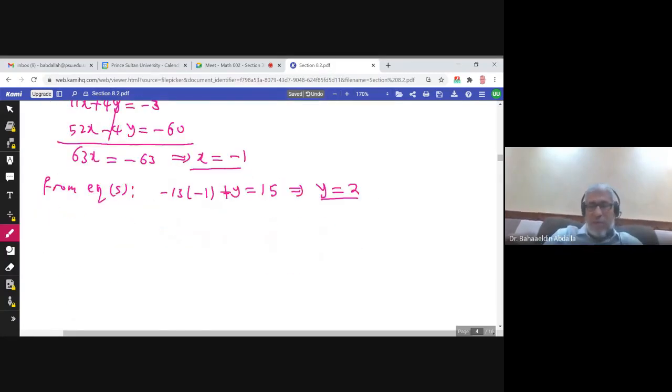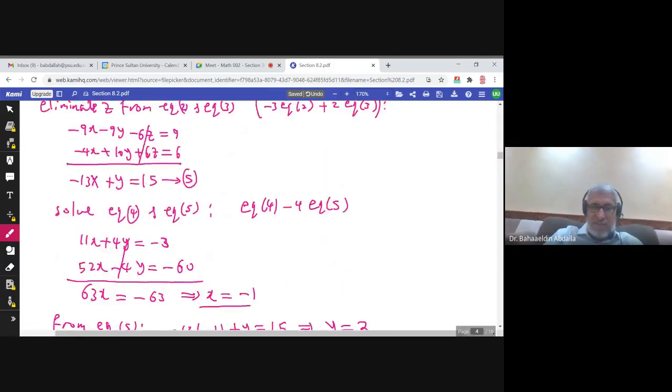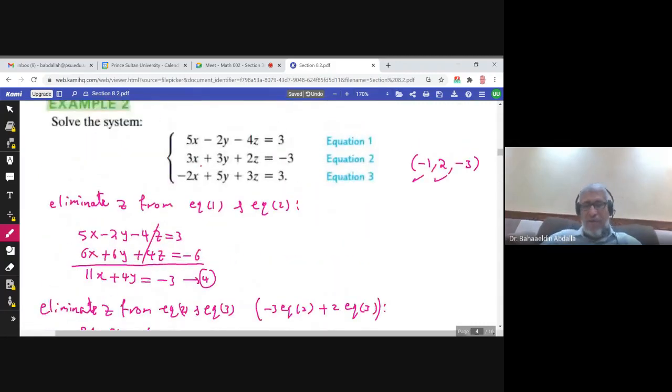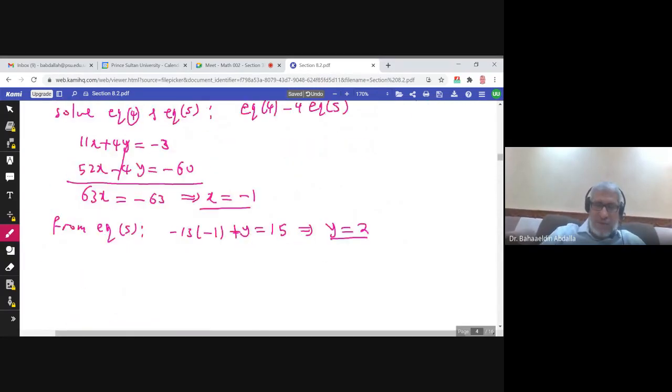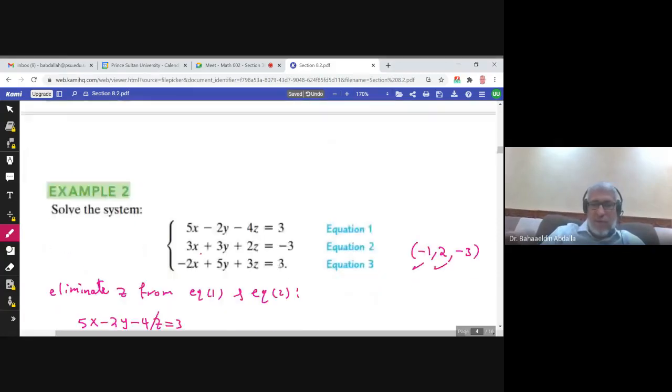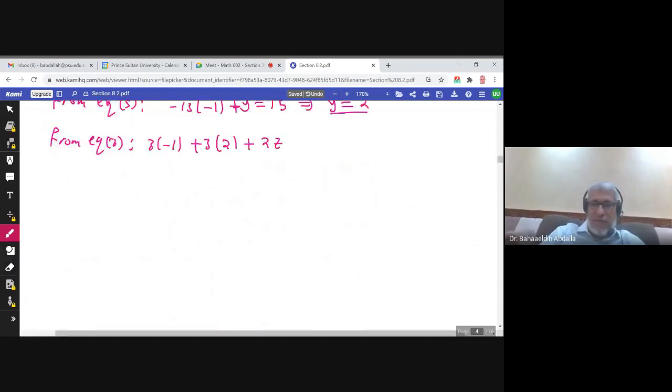Now, what about the last one? How to find z? Okay, to find z, I have to use one of these three equations, any one. So, for example, I will use equation 2. So 3x plus 3y plus 2z equals negative 3.